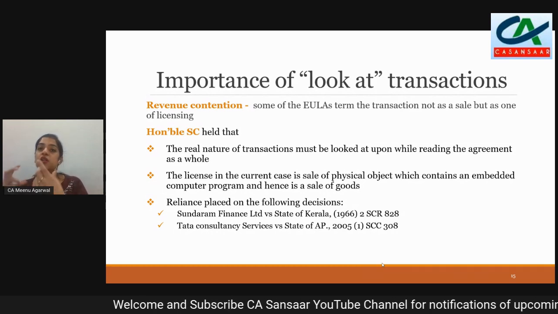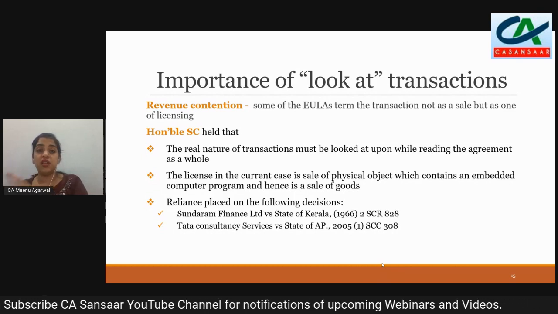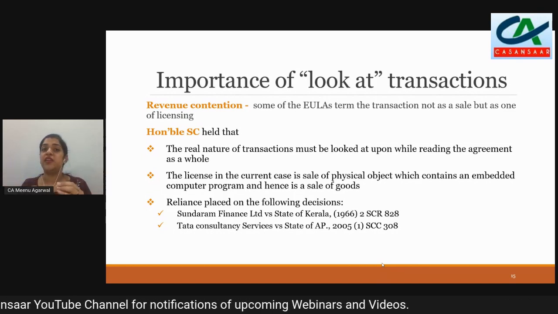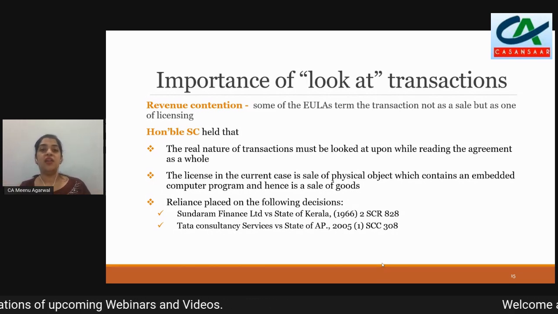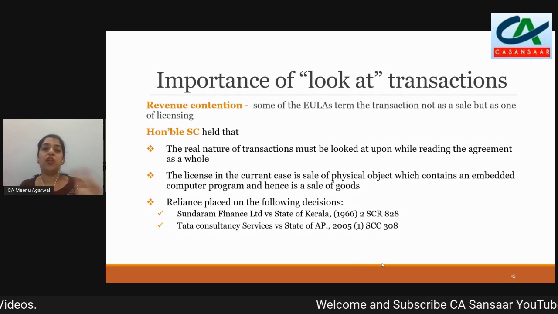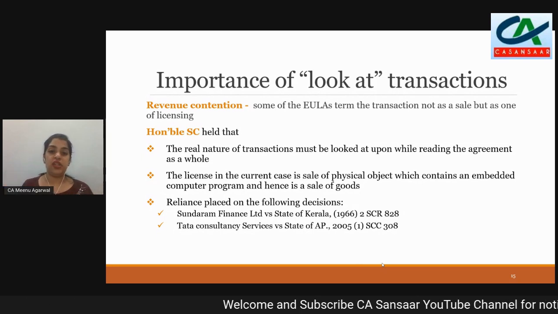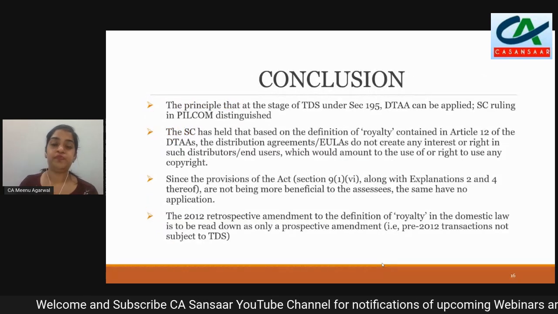So he gets the exclusive right and he can reproduce it. So this gets reflected as per 14B that there is a transfer of copyright and hence this particular transaction will be treated as royalty. So on a case-to-case basis you need to understand whether this is a transfer of copyright or a transfer of a copyrighted article.